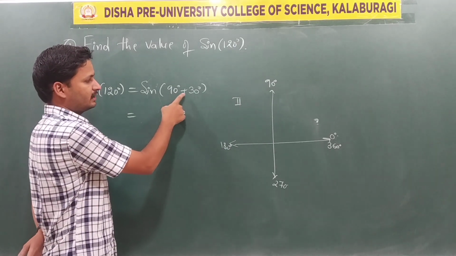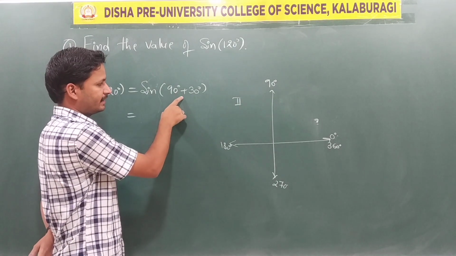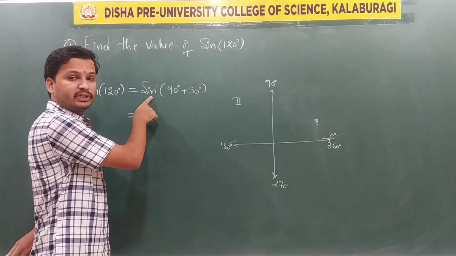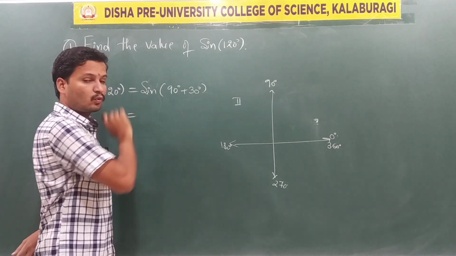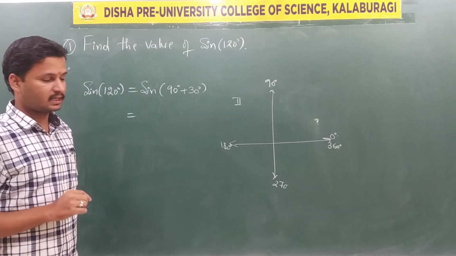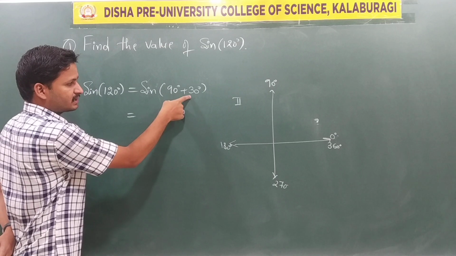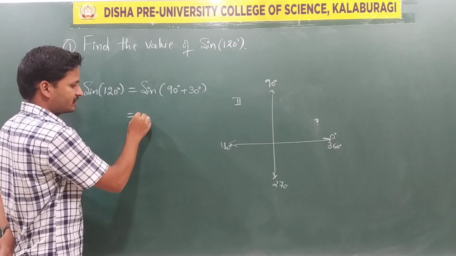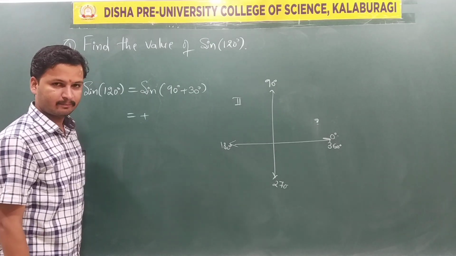In the second quadrant, is the sine function positive or negative? It is positive, because in the second quadrant only sine and cosec are positive. So take the plus sign.